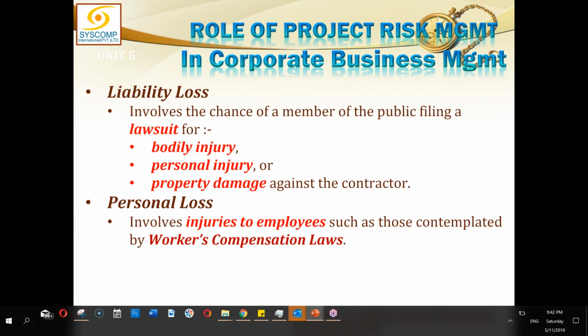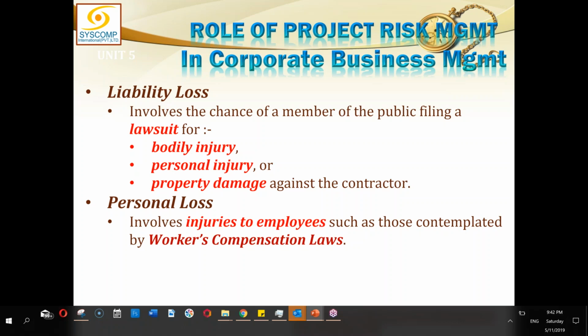Then there are liability losses and personal losses. Liability losses involve the chance of a member of the public filing a lawsuit for bodily injury, personal injury or property damage against the contractor.